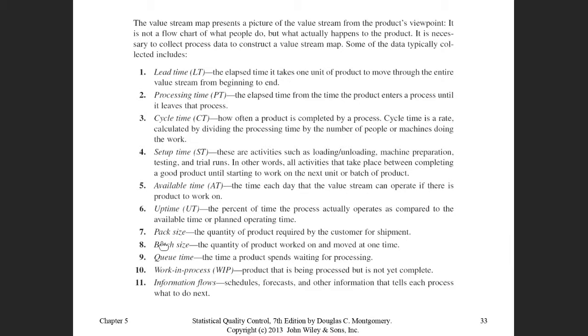How many products you have ordered, when they start leaving the source or the store online, or how many of them started to leave the store and come to you, that's considered to be the batch size. The batch size is what you order, the batch size is what left from there.